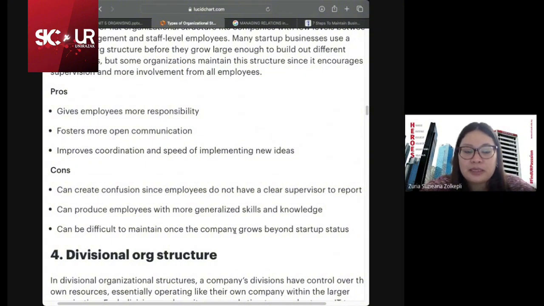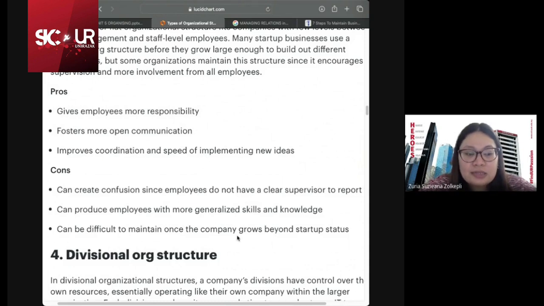Because when they grow bigger, I mean their mission changes, their aim changes, the target changes as well, even the way that they run the company. Instead of before being people oriented, it might change to money oriented, profit oriented.